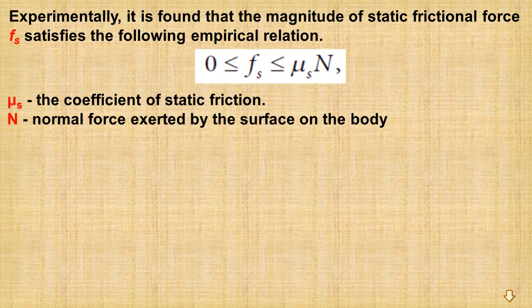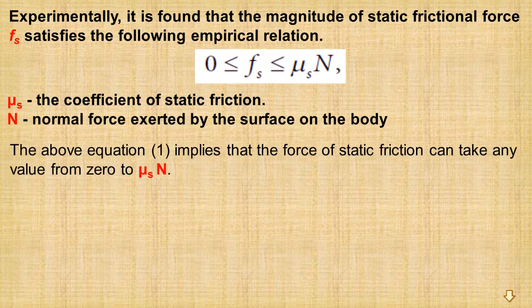And as you know, N is the normal force exerted by the surface on the body. Sometimes it is equal to mg, the gravitational force, but it need not always be equal to mg, because the body is lying on the earth's surface.